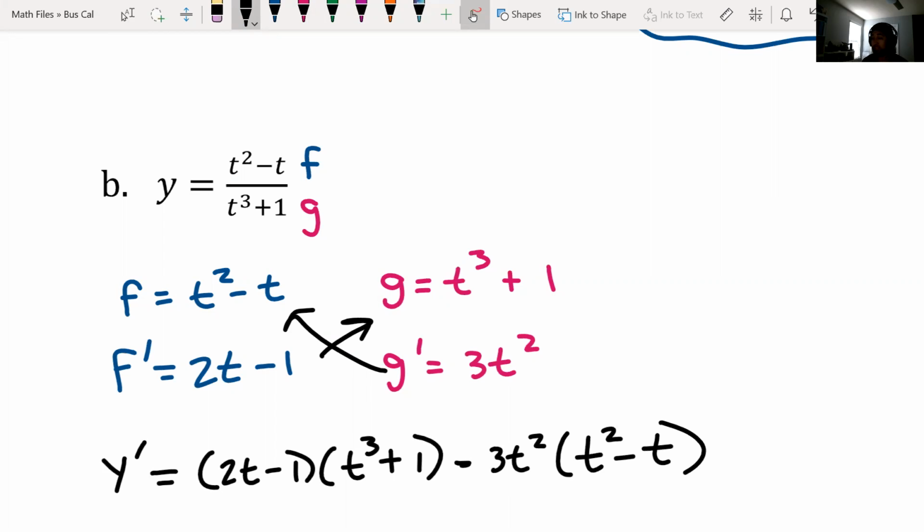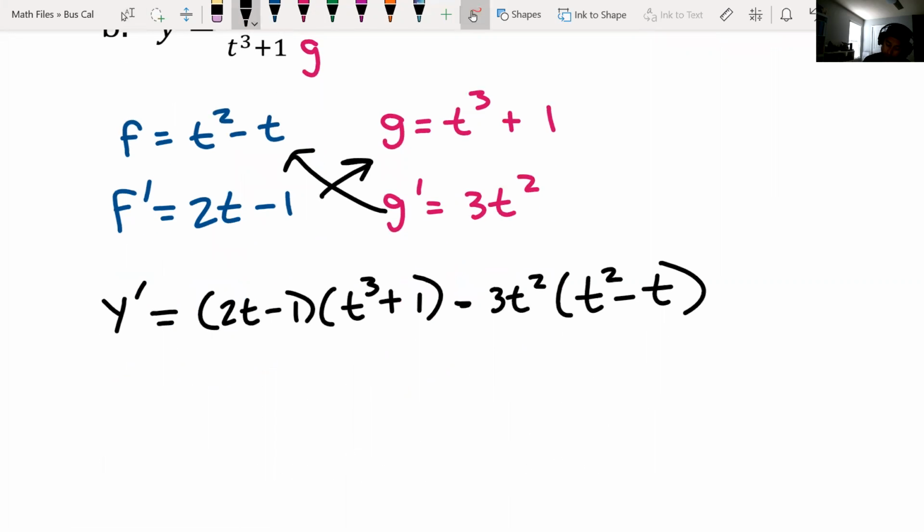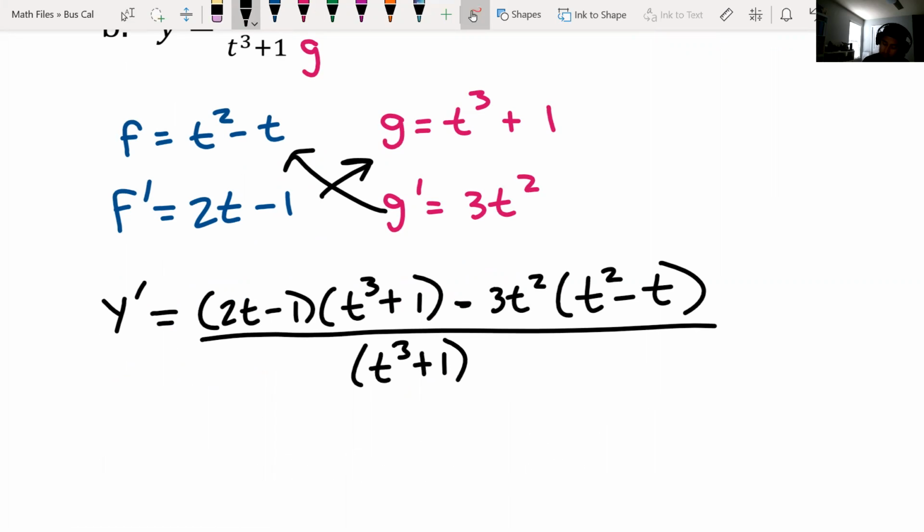I hate using t's. All right. And you put it all over the original denominator squared. Okay. And now we just have to clean up the numerator.